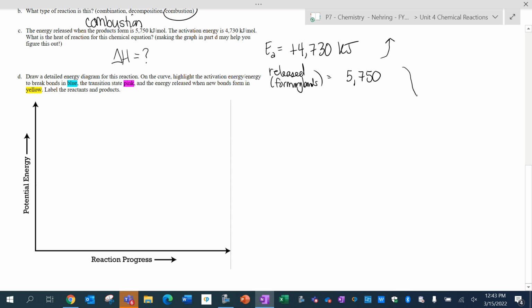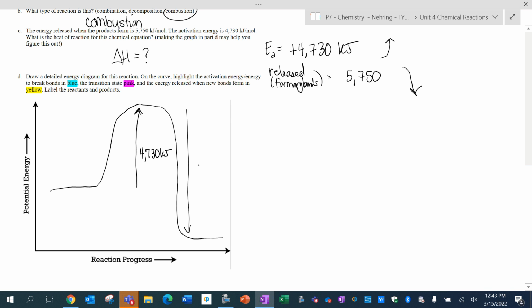So that's the amount it goes down by. So if I'm going to sketch this out, here's where my reactants start. And it looks like it's going to go up by 4,730 kilojoules. That's my activation energy. That's the amount that my graph is going to go up by. And then it's going to release 5,750 kilojoules of energy.